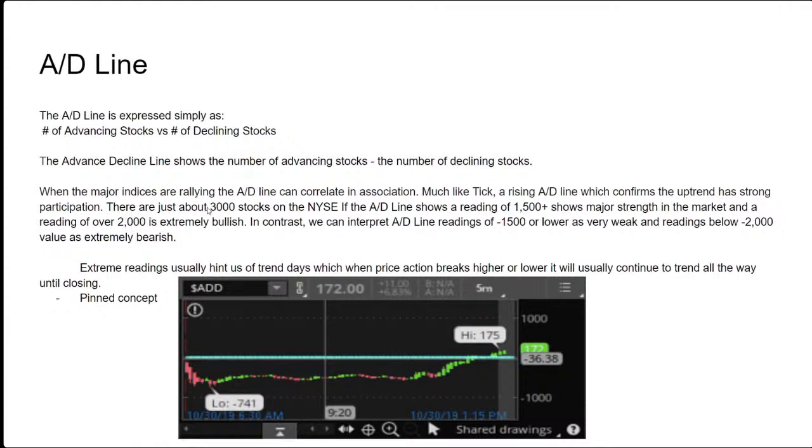There are about 3,000 stocks on the NYSE. If the advanced decliners show a reading of plus 1,500, that shows that we have a lot of strength in the market, we have some real buying in the market, and it's a pretty bullish bias, especially if it's above 2,000.